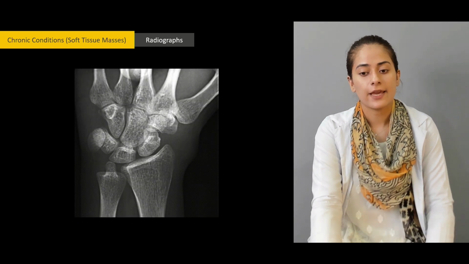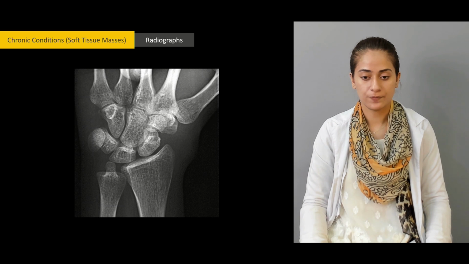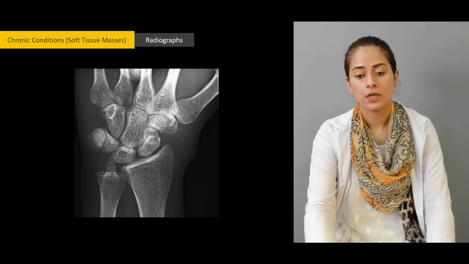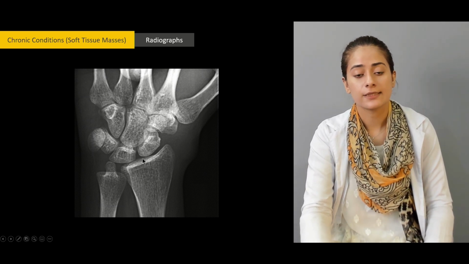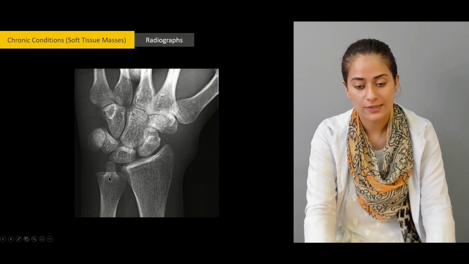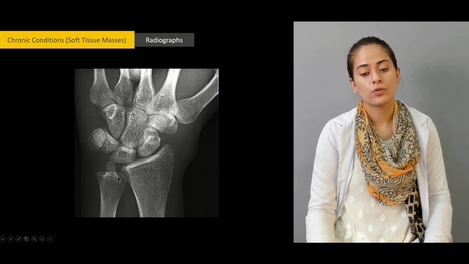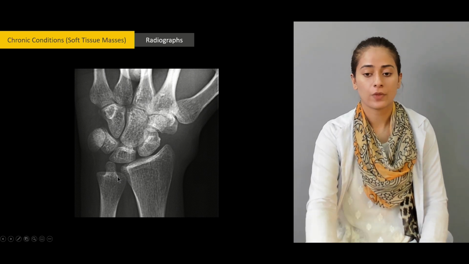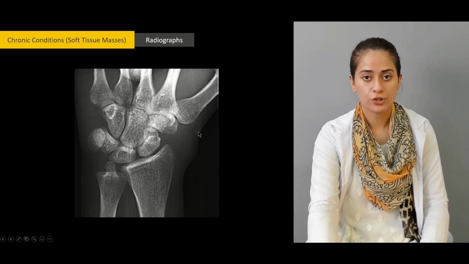So this is a radiograph of an old individual, and this is showing a chronic condition in which we can see that there is this unusual osteophyte formed here. And with that there is a soft tissue mass here.